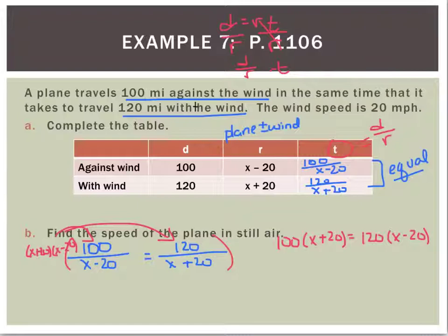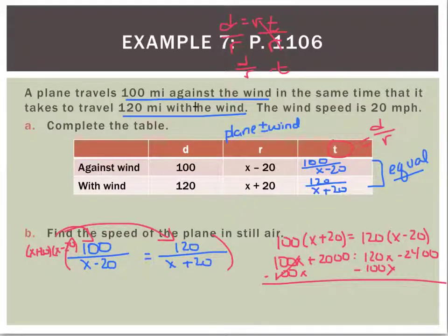So I'll distribute those. And then get x by itself, so subtract 100x. It's going to give me 20x, and then I can add the 24 from that side.